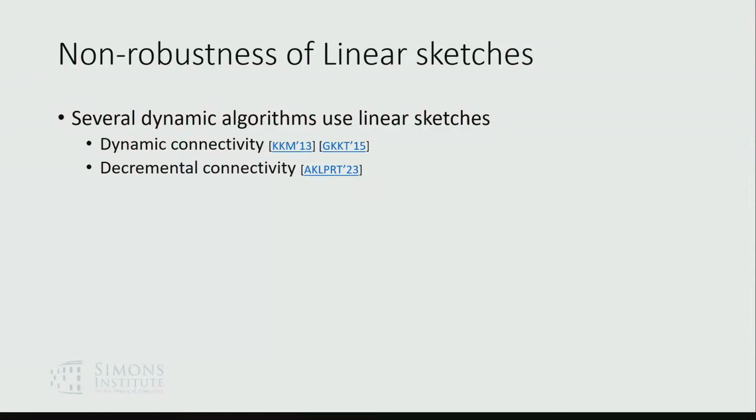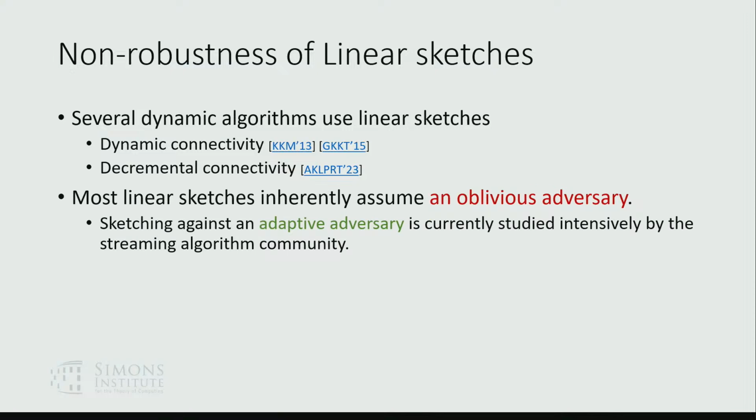I think for the first time, to the best of my knowledge, by King, Kapron, and Mountjoy for worst case dynamic connectivity. The first algorithm that gives worst case dynamic connectivity in polylog time used some linear sketch. But there are some other algorithms too that use linear sketch. But the point is, and you'll learn more about linear sketch, I think, tomorrow for the whole day.